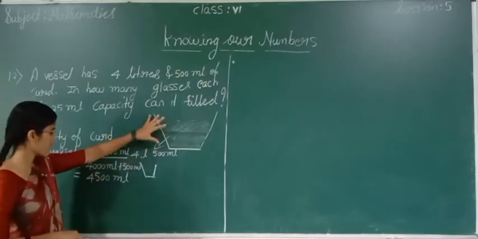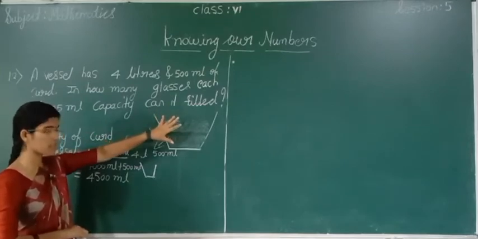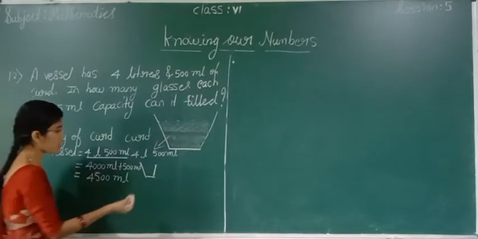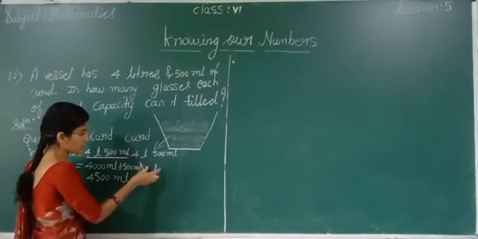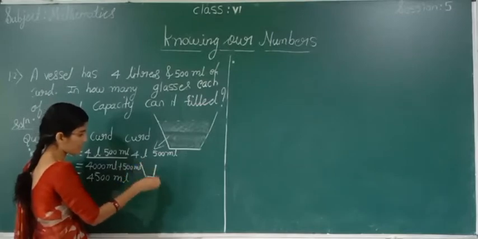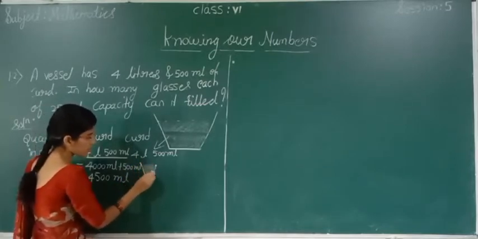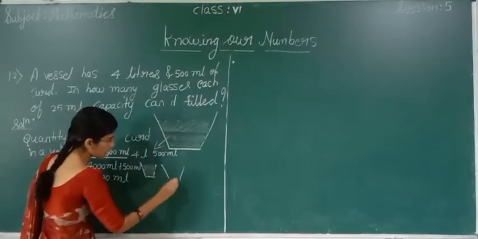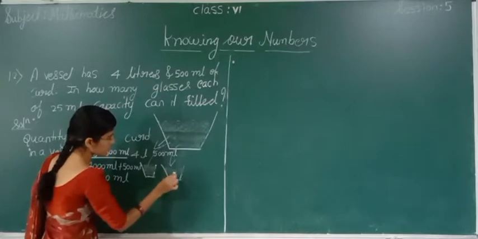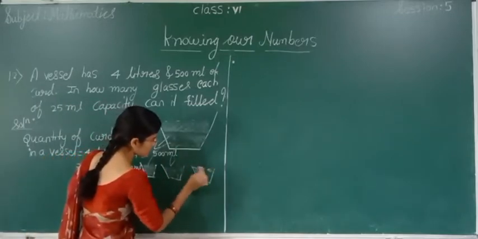Now in total we have 4500 milliliters of curd in this vessel. Okay, in small glasses of 25 ml. The capacity of this glass is 25 ml. In how many glasses can we fill this curd of 25 ml capacities?